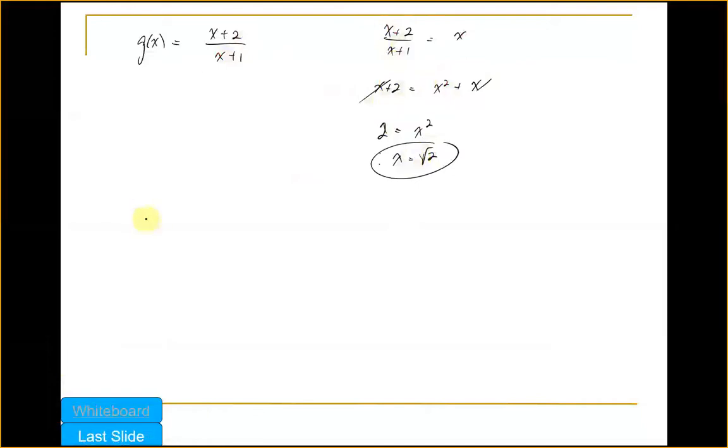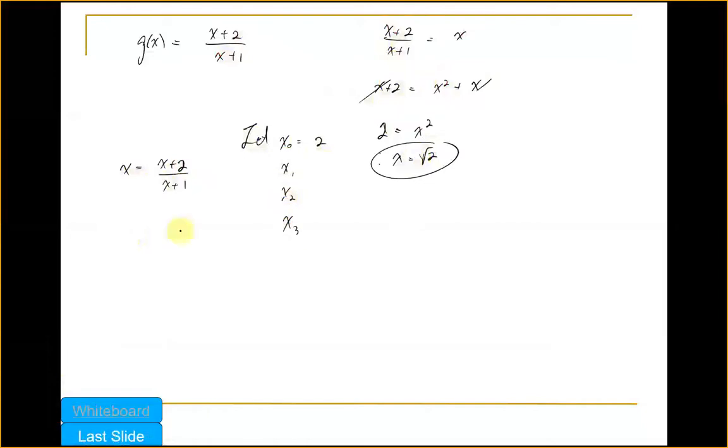Now, what we're going to do is we're going to say x equal x plus 2 over x plus 1. We're going to plug in our first value. In fact, I won't even use 1.3. Let's use 2. Let x0 equal 2, and then we're going to iterate x1, x2, x3.